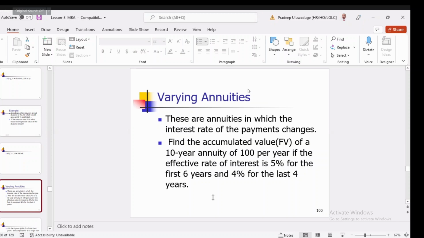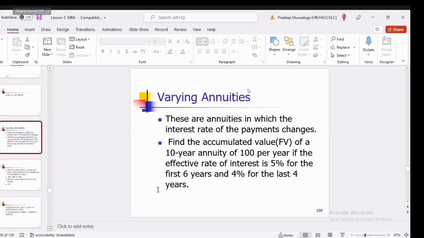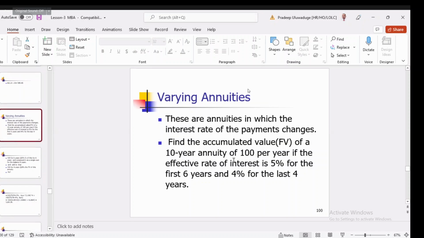The effective rate of interest is 5% for the first 6 years and 4% for the last 4 years. Right now, within the 10-year annuity period, the interest rate changes. So how are we to calculate the future value of the annuity then? For 6 years you get a 5% rate, and for the balance 4 years you get 4% interest, and you are supposed to calculate the future value.